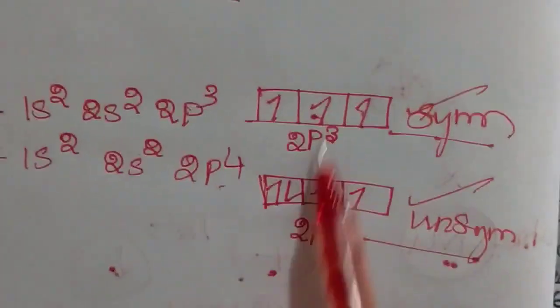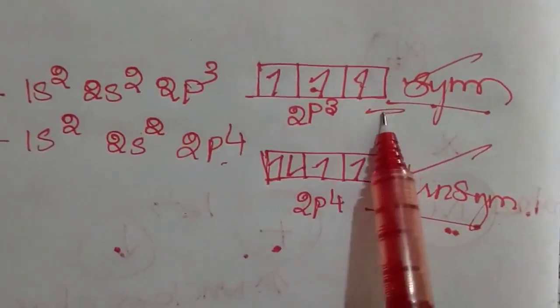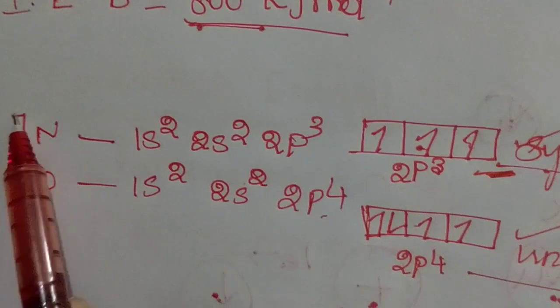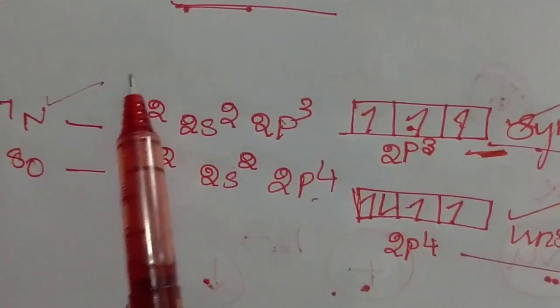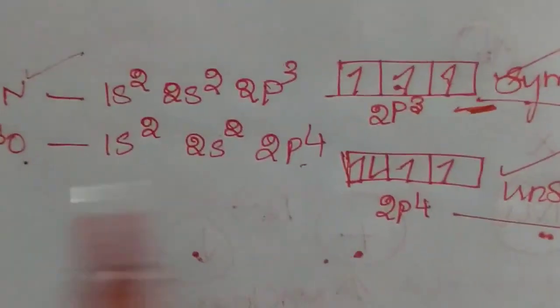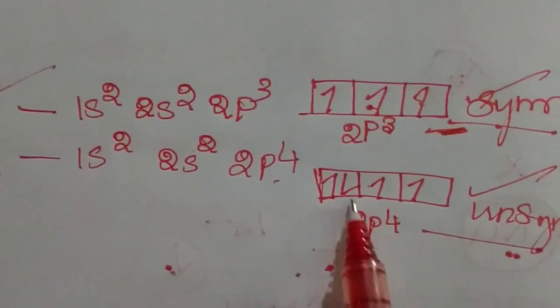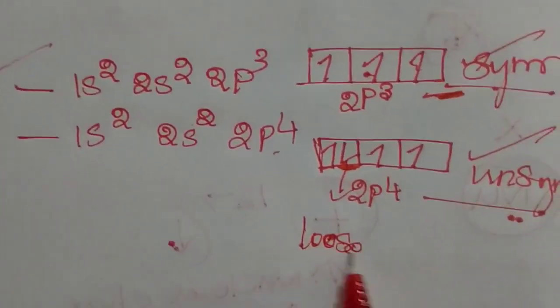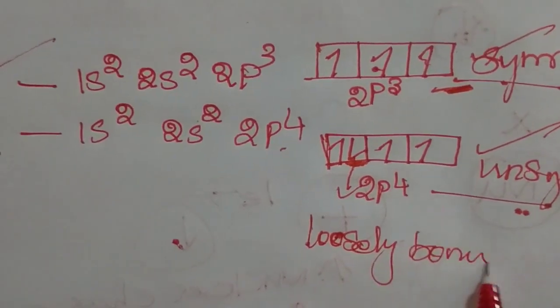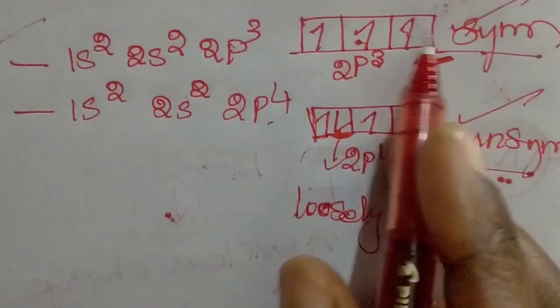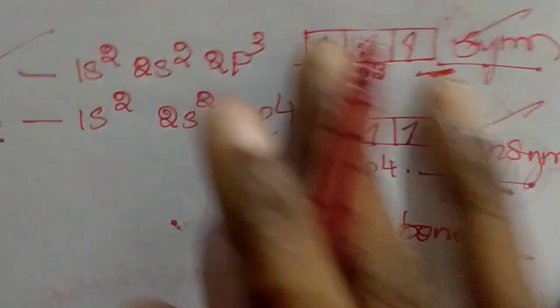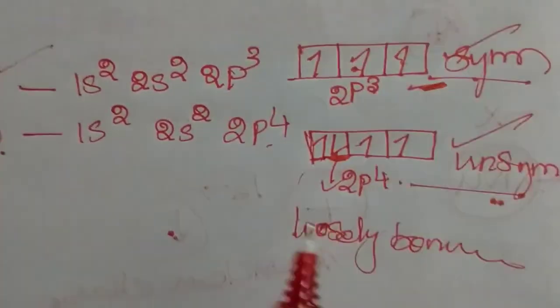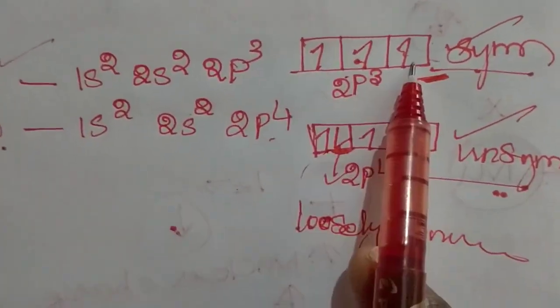Okay, so because of that stability, nitrogen requires more ionization energy than oxygen, because in oxygen the fourth electron is a loosely bound electron. This one is loosely bound to the orbital, but here these three are stable because of the symmetrical distribution.